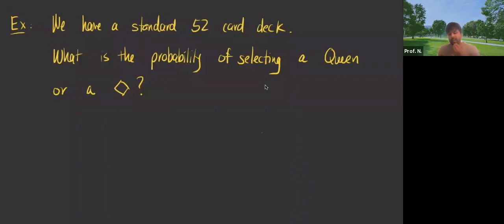You may be thinking, oh, it's the same problem, right? We have a queen or we get a diamond, and we're trying to figure out the probability of selecting a queen or a diamond.